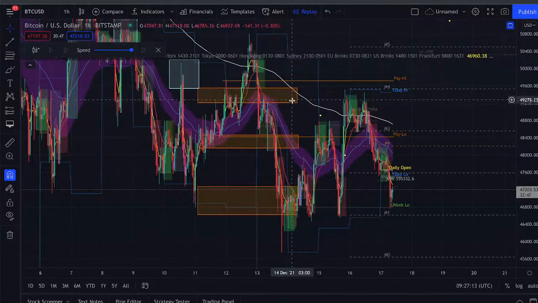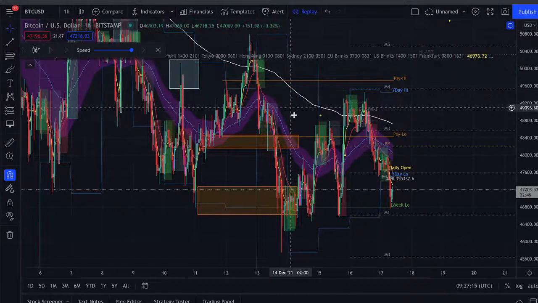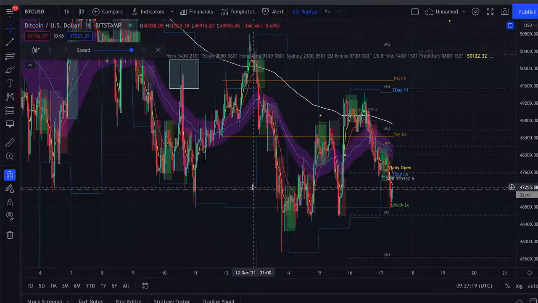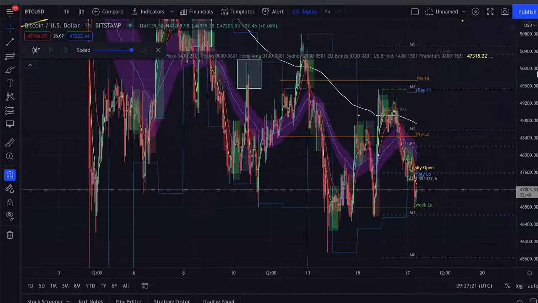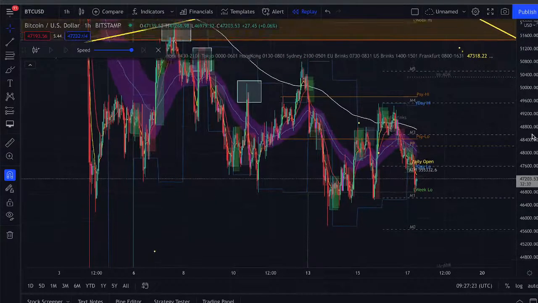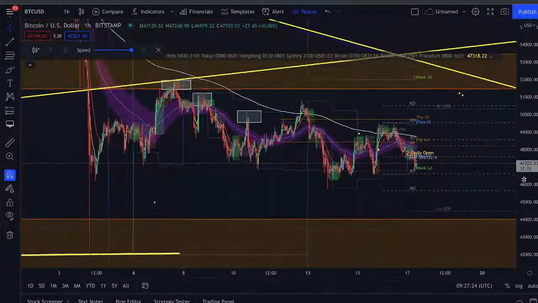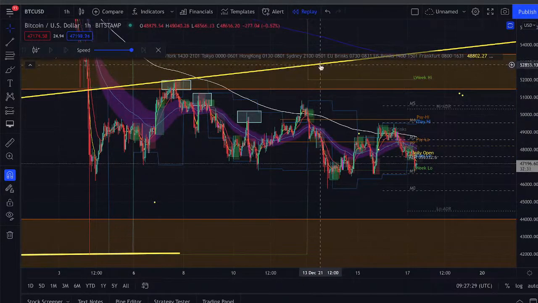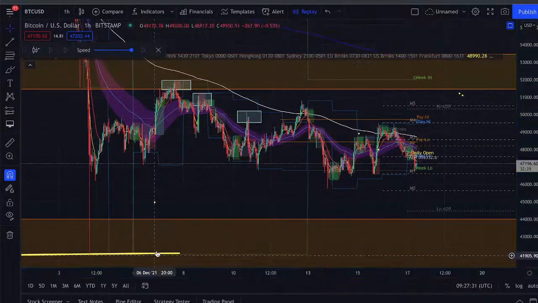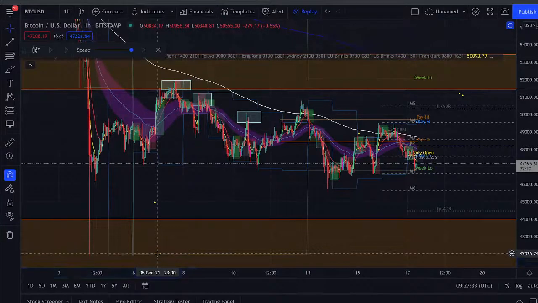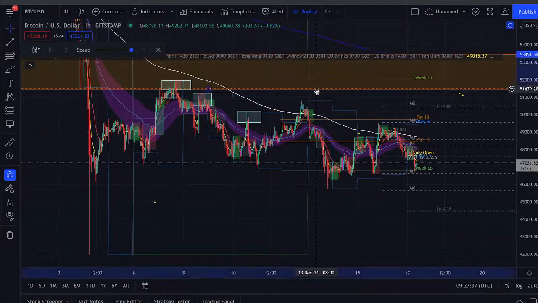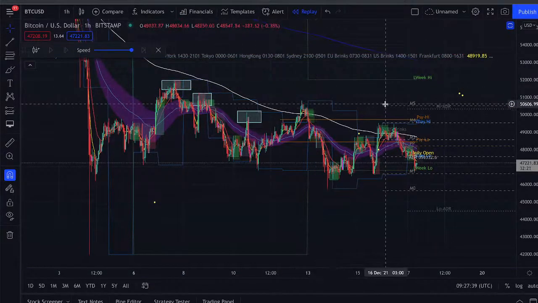I'm going to delete these boxes and all the other unnecessary stuff, because all this stuff is to trick you. Even I do use these boxes and stuff for references to know where the normal people are trading.